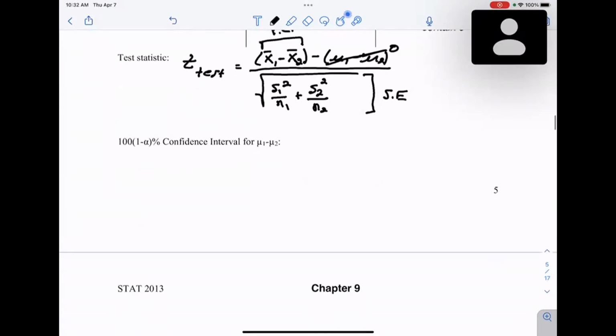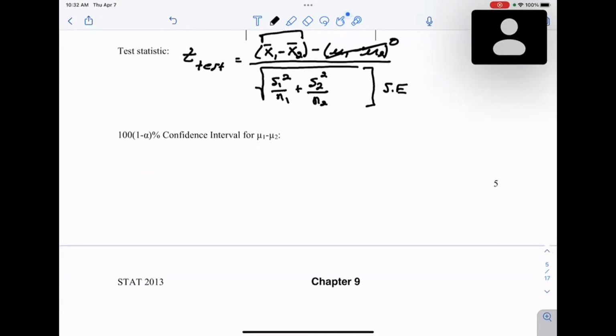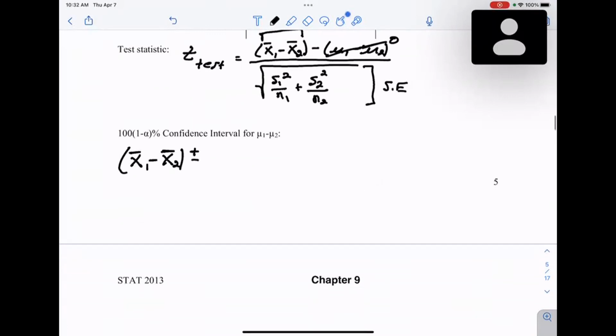Then using that, you can create a confidence interval using that idea. You have the point estimate, x1 bar minus x2 bar, plus or minus, and since we don't know sigma 1 and sigma 2, we have a critical t value times the corresponding standard error.